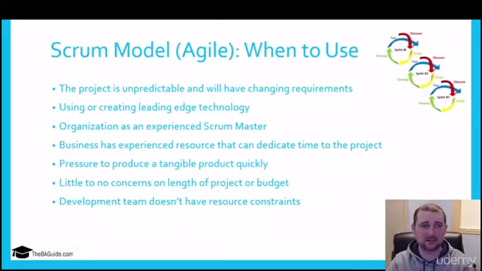I mean, they're constantly designing and developing the pieces because they're developing and designing much smaller increments to work through, and then they're helping with the testing as well. So this works really well when the development team doesn't have resource constraints, when they have an ample number of developers to be able to dedicate to the project and have it worked through.